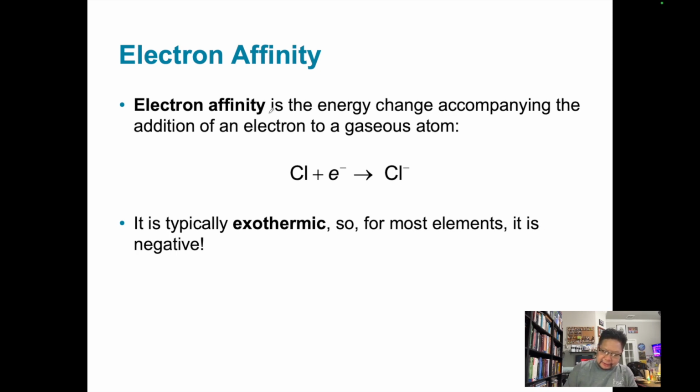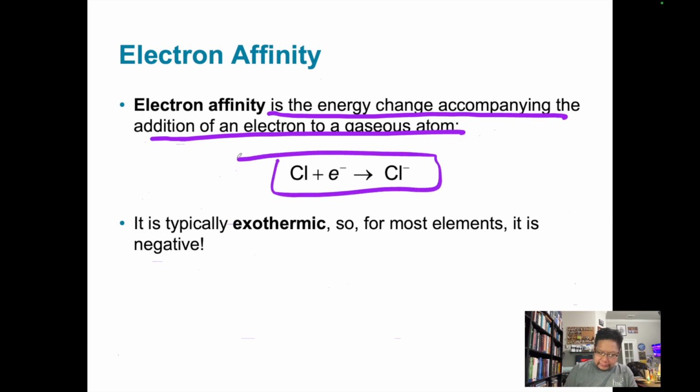So what is electron affinity? Electron affinity is the energy change accompanying the addition of an electron to a gaseous atom. Here we have chlorine, a gaseous atom, which gained an electron and became Cl minus, an ion you can dissolve in water, like sodium chloride.